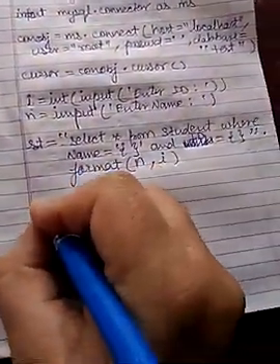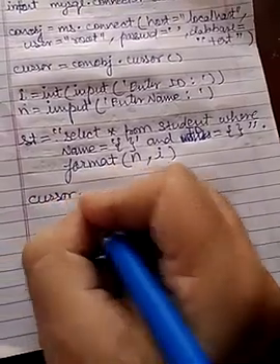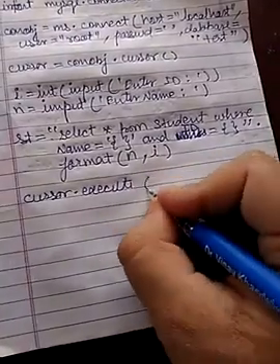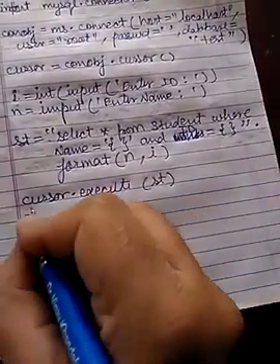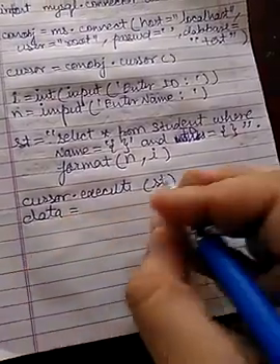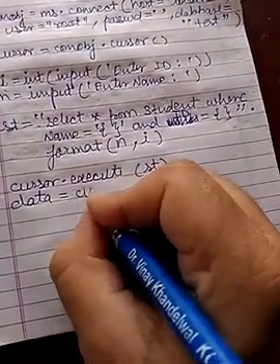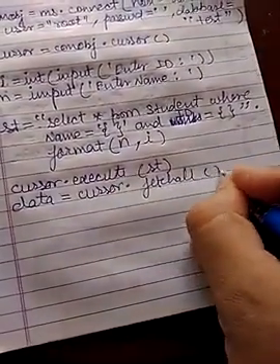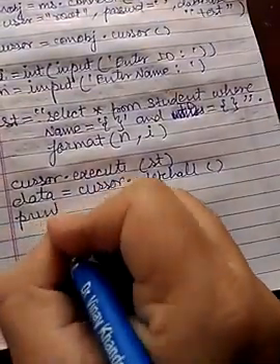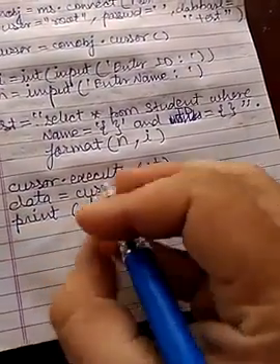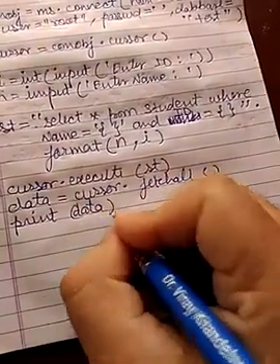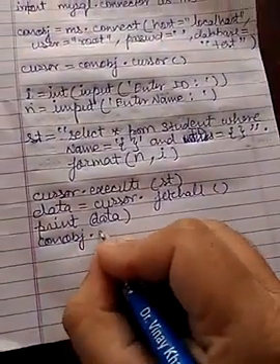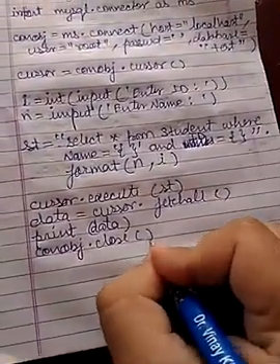Now simply execute: cursor dot execute statement. data equal to cursor dot fetchall, print data, connection object dot close.